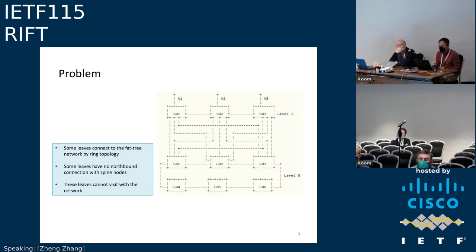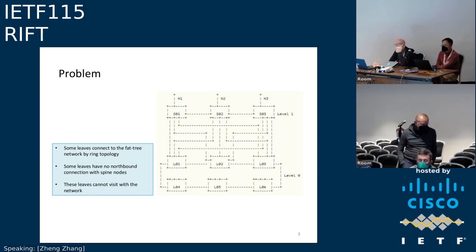Looks like they can access the network by the east-west connection, but according to the typical Rift protocol flooding and the SPF algorithm, the leaves cannot advertise their prefix north tie to the network, and the leaves cannot receive the prefix south tie from the default route.